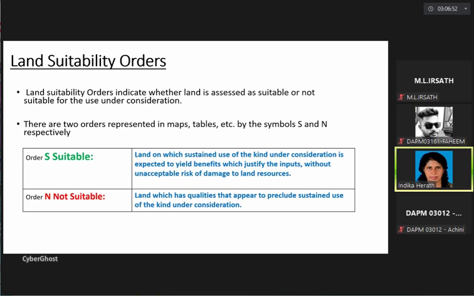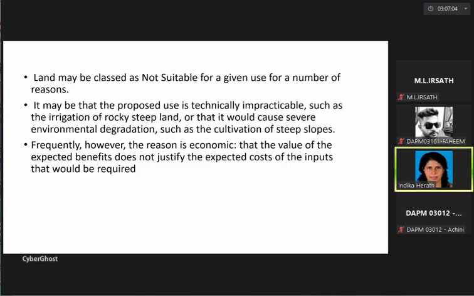And there are two orders in maps, suitable and not suitable. Even suitable is far broader and later on divided into smaller sections.